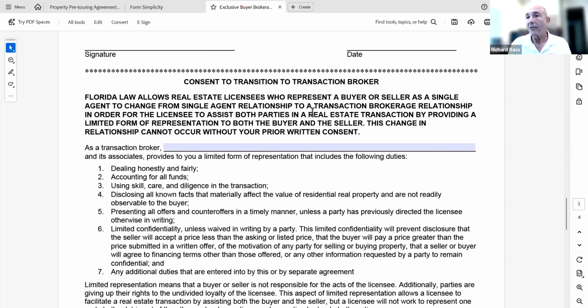In all realities, what it means is that I'm going to continue to represent you to the best of my abilities. The other agent will be representing the other party to the best of their abilities. We're not sharing any information with each other, but my broker under law cannot represent two people as single agents at the same time. That's all that this is saying.